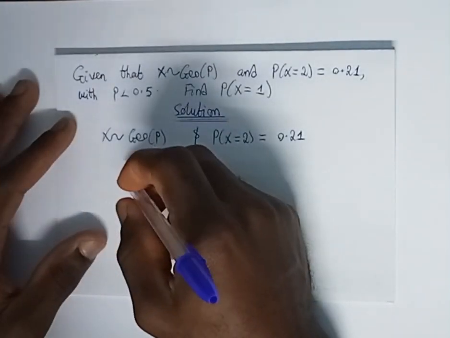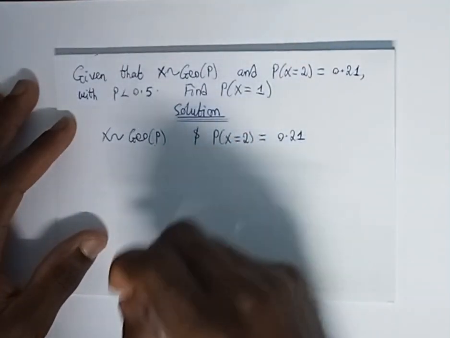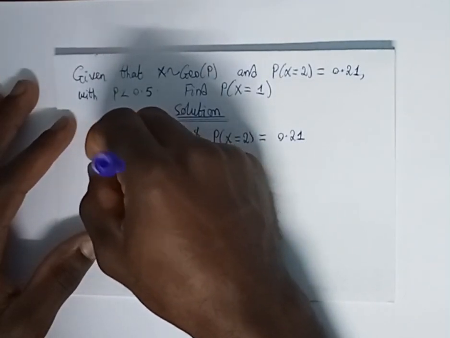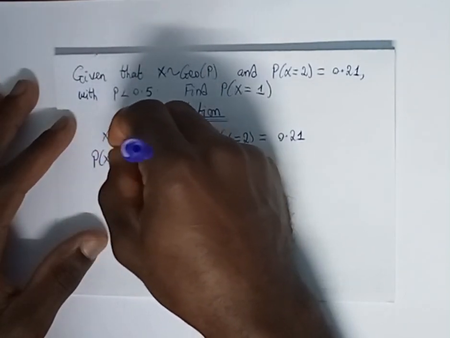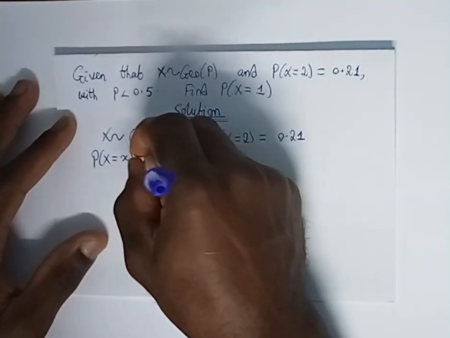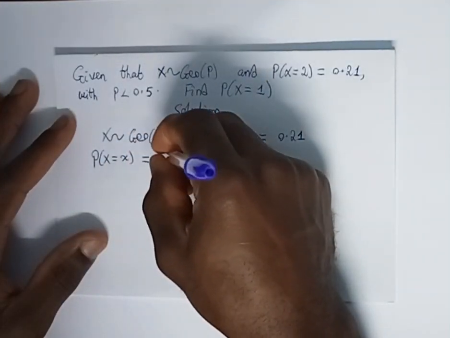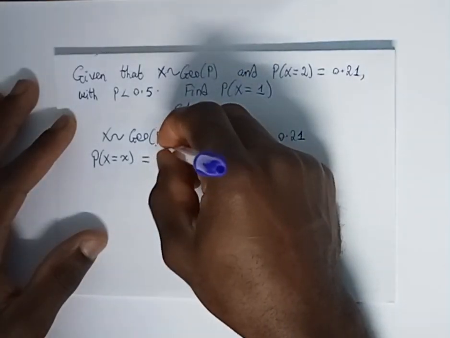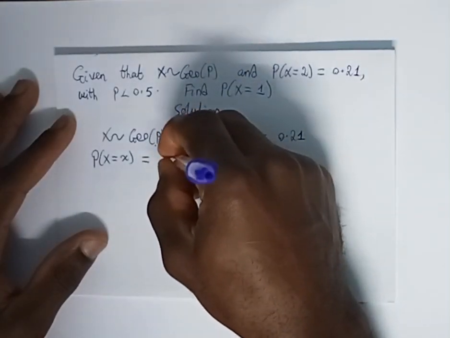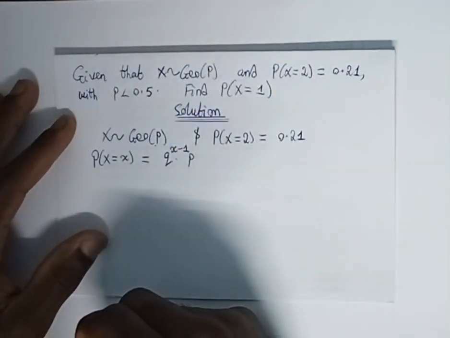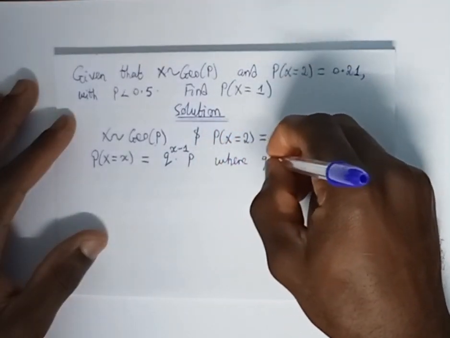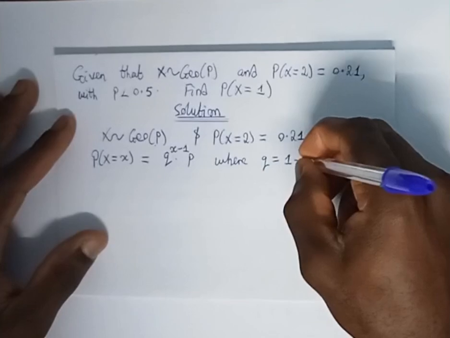We know that if X follows a geometric distribution, then the probability of big X equal to small x is simply given by Q, where Q is the probability of failure, raised to the power x minus 1, then we multiply this by P, where Q is simply equal to 1 minus P.